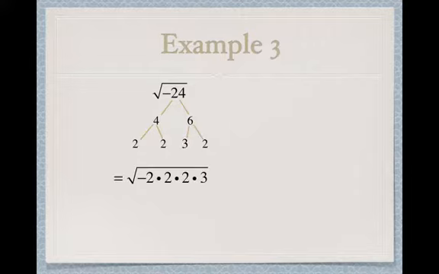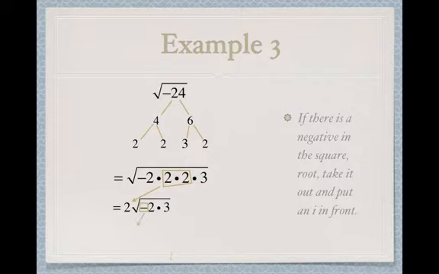Okay, so we're going to use this to simplify some more square roots, like the square root of negative 24. We're going to break it down just like we did the others. Write that inside the square root. Find a pair, bring that number out. That negative inside, we don't want that there. Anytime you have a negative there, you're going to make it positive and make the i come out.